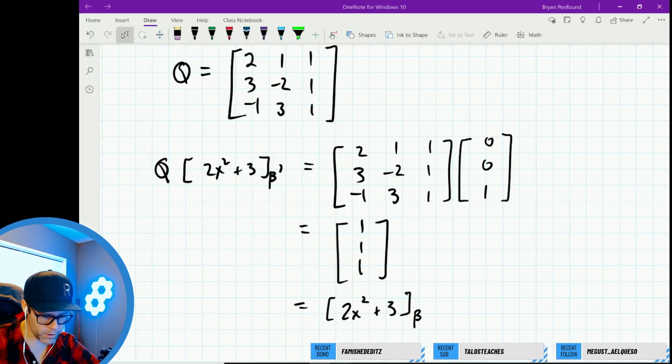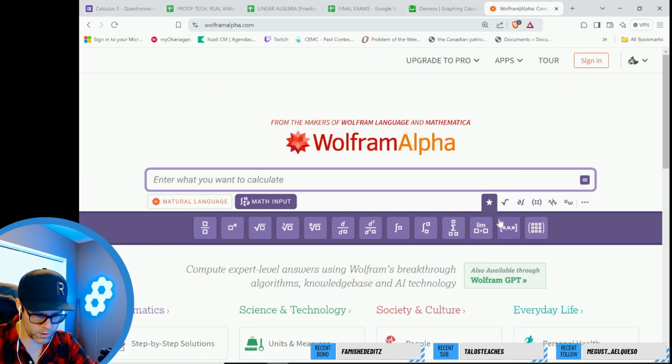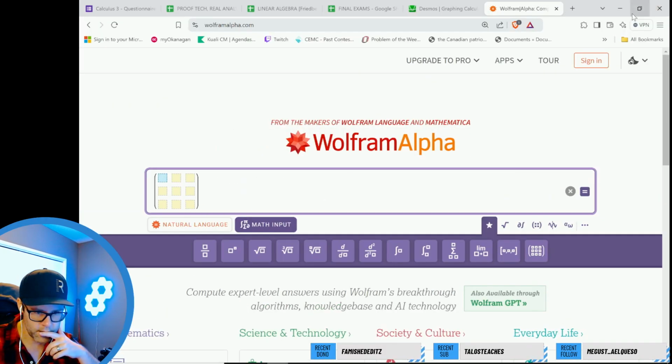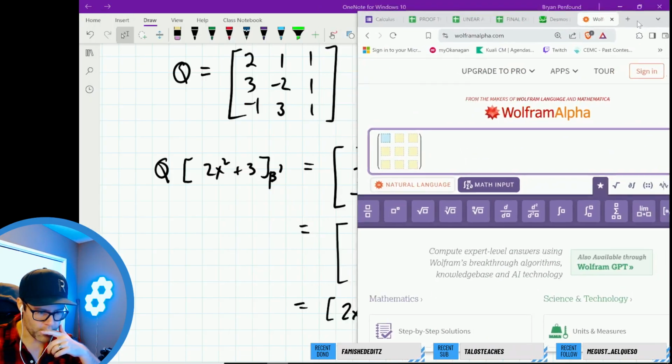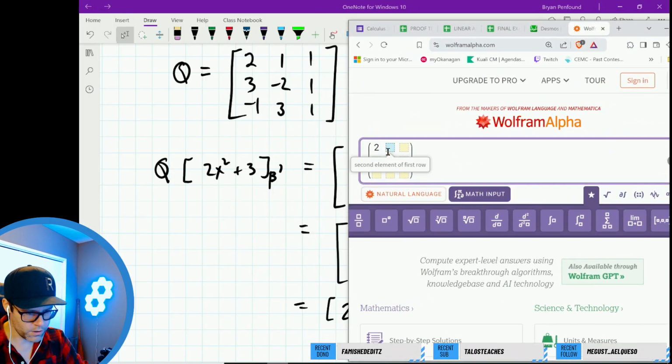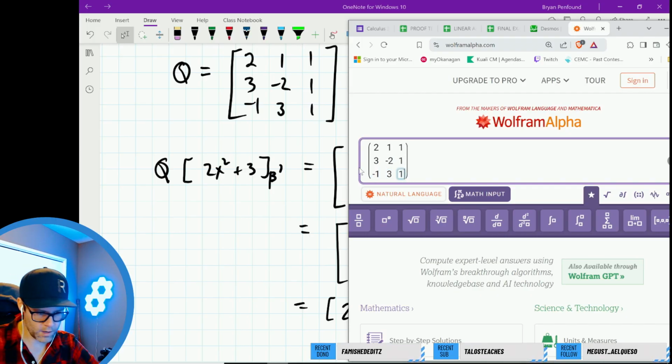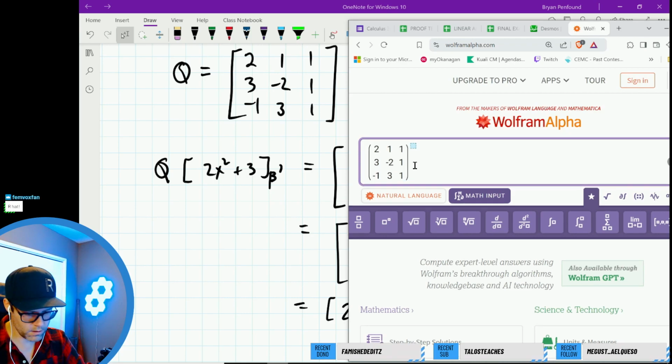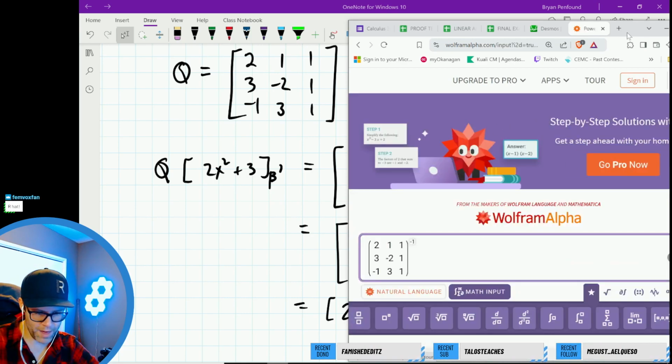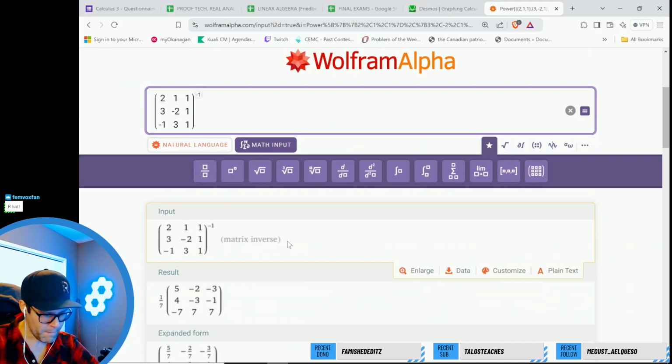Okay, what were we doing? We were trying to look at the inverse of this, right? So let's input a 3x3 matrix, and let's get Wolfram to find this inverse for us. So 2, 1, 1. This is 3, -2, 1, and -1, 3, 1. And we need the inverse of this. So does Wolfram Alpha know that notation? There it is.